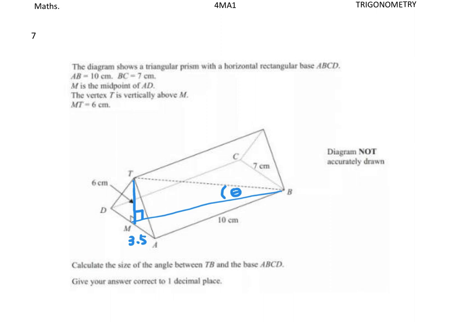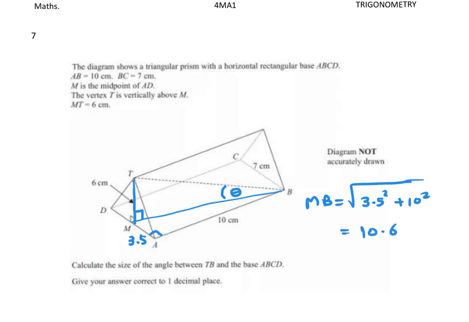So now in this right angle triangle, we have MA equal 3.5 and AB equal 10. We can find MB. So MB equals square root of 3.5 squared plus 10 squared, equals 10.6 to 3 significant figures.